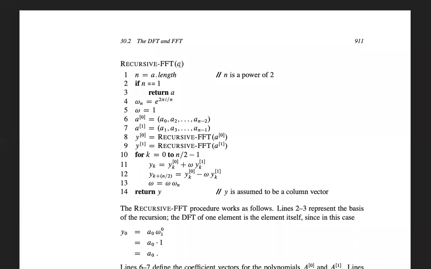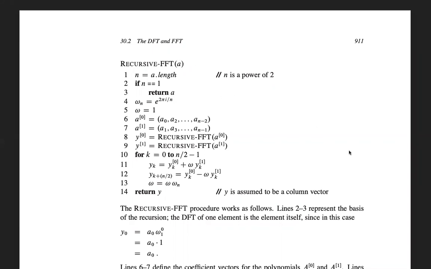You are submitting a set of coefficients, a polynomial of length n, the coefficient representation, so a vector of length n, and it is outputting another vector of length n, which is the evaluation of the polynomial at the nth roots of unity.